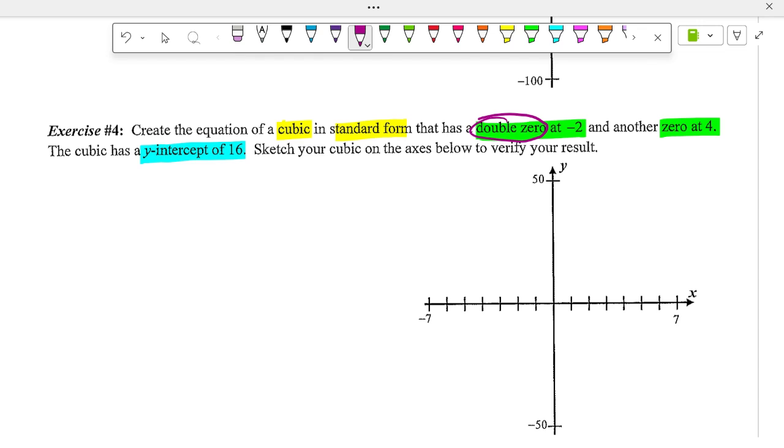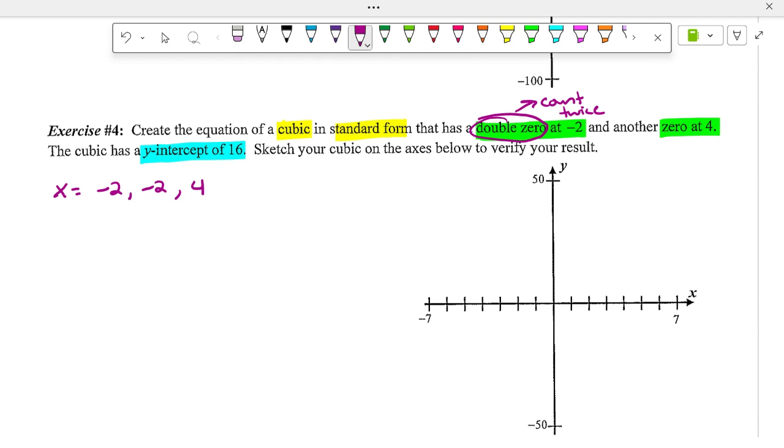A bounce. All right. So all a double 0 means is that we count it twice. So technically, our zeros are -2, -2, and 4.